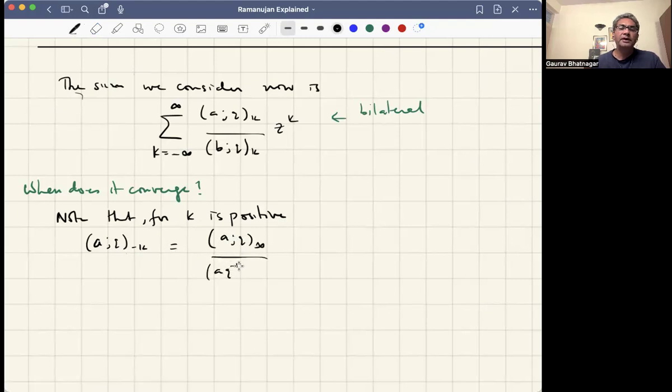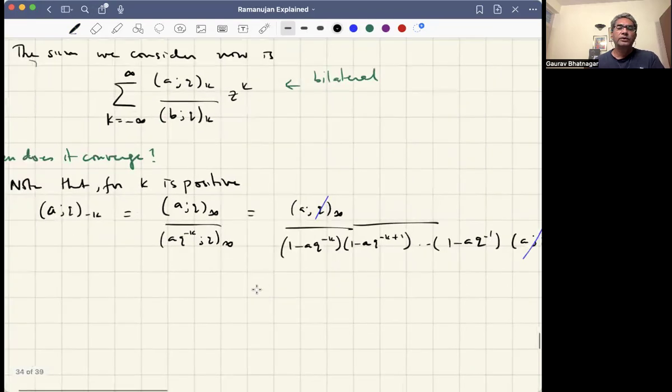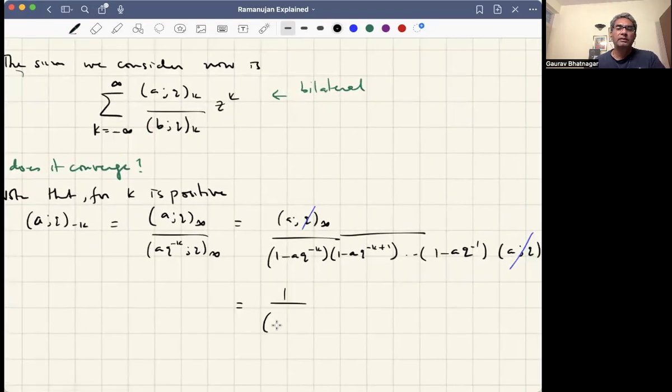This is (a; q)_infinity over (a q^(-k); q)_infinity. So you have (1 - a q^(-k))(1 - a q^(-k+1)) and so on, (1 - a q^(-1)), and the next one will be the same as (a; q)_infinity, the rest of them. So this cancels. So this is 1 over (a q^(-k); q)_k.